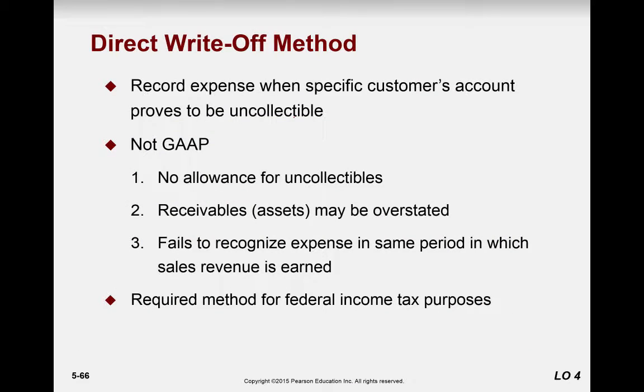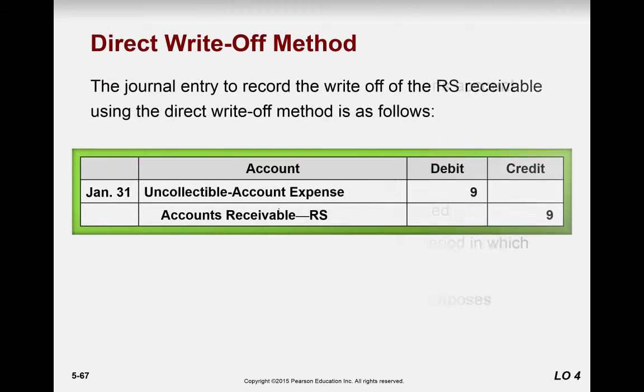Now, the direct write-off method: here you're recording your expense when the customer account proves to be uncollectible. This is not GAAP, because there's no allowance for uncollectibles, so your receivables may be overstated, so we don't require this for GAAP. What we use this for is mostly tax purposes, but you should know how to do it.